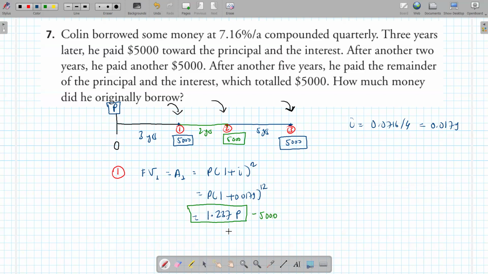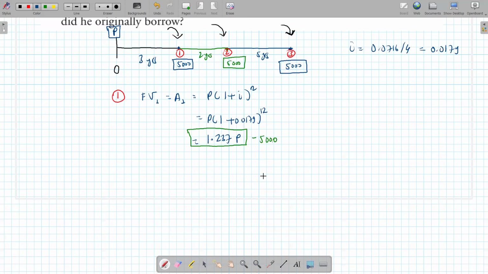And this essentially becomes your principal going forward. So now we can erase this completely. So at time 1, the money that he owes right now is 1.237P minus 5,000, where P was the initial money.